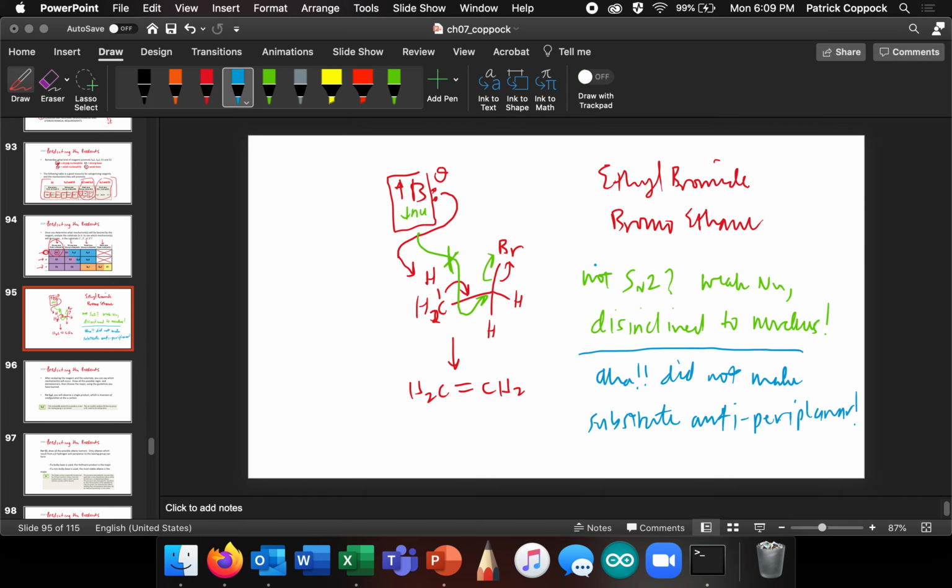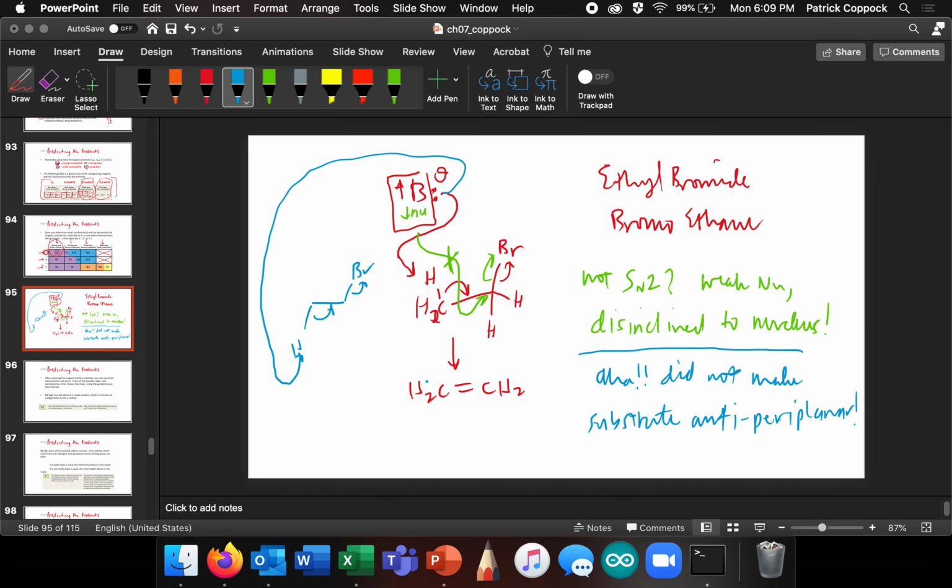So I might do it again. If I'm studying this with someone else, I might do it again and force this thing. Here's my bromine, then here's my hydrogen. This then is going to have to come here, boom, here, boom, and there, boom, okay? It's going to give me the same product, and it turns out it doesn't need to be anti-periplanar because of what I've got here.